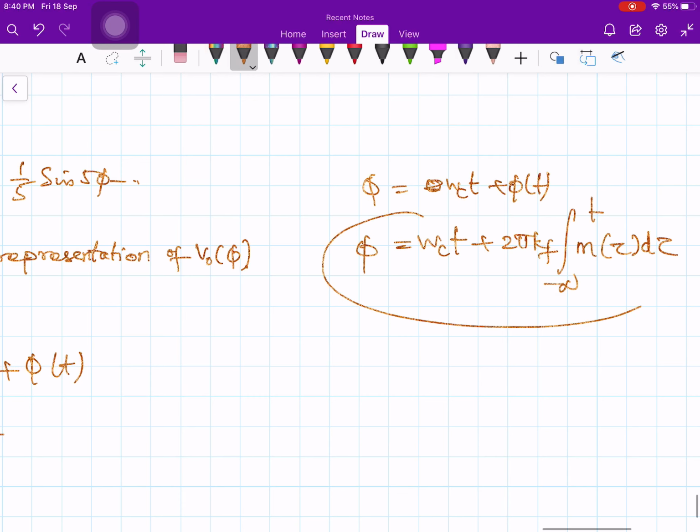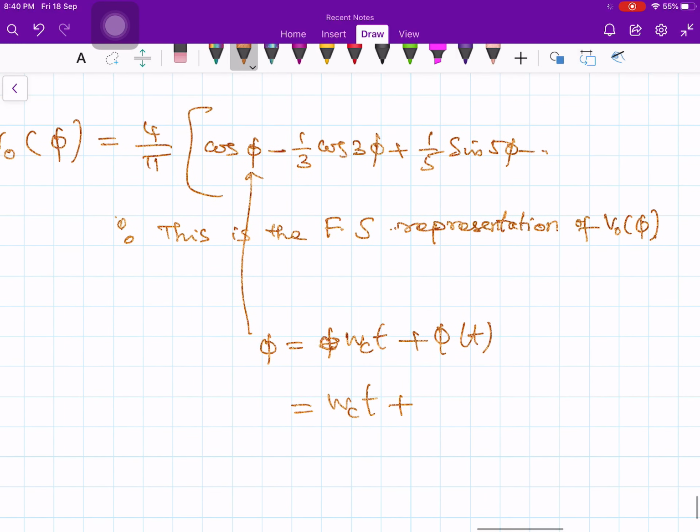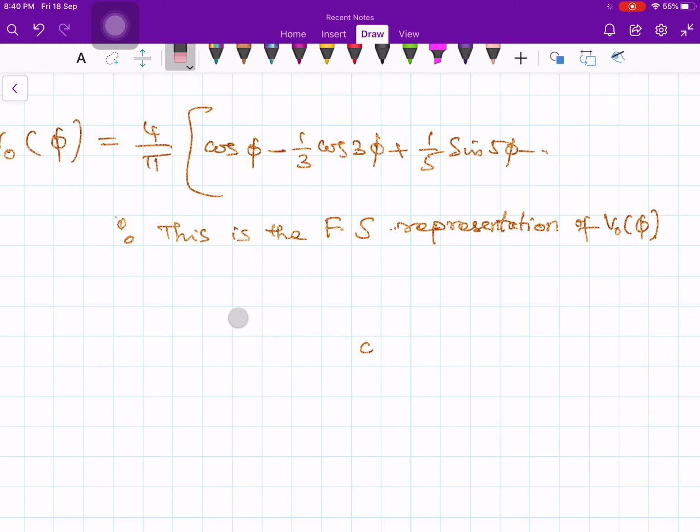Substitute this into the Fourier series expansion. So this is 4 by pi. I am bringing the time dependence back now, by substituting for phi.